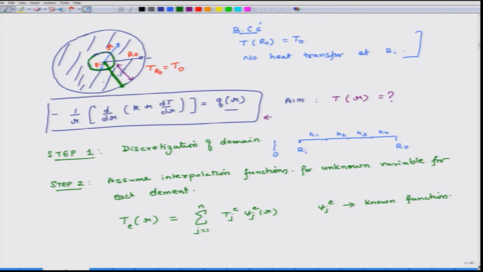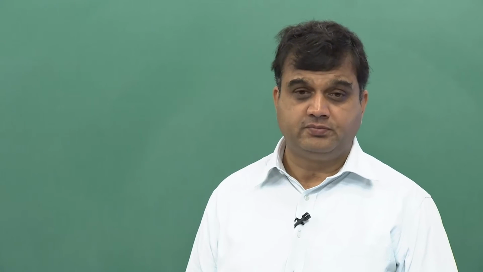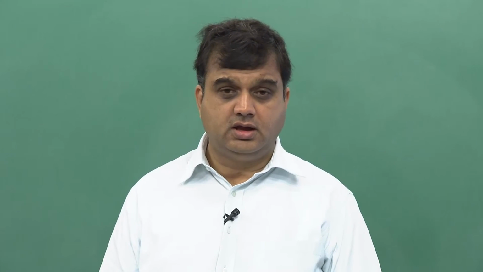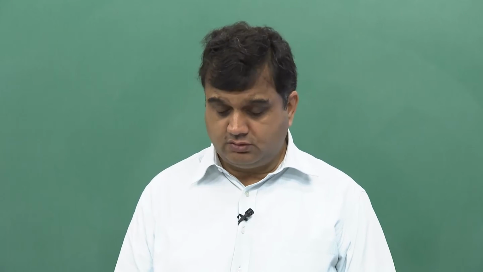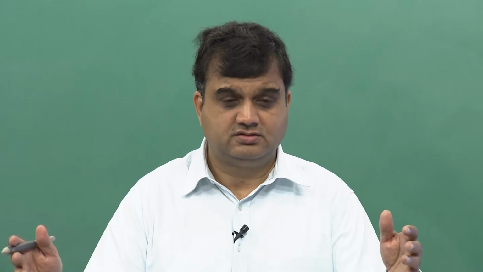An example of this function could be 1, a constant. Another example could be a plus bx. It is a known function, but here a and b are unknown constants. So, psi j is a known function, and Tj e are unknown constants. Suppose the overall function is a plus bx.